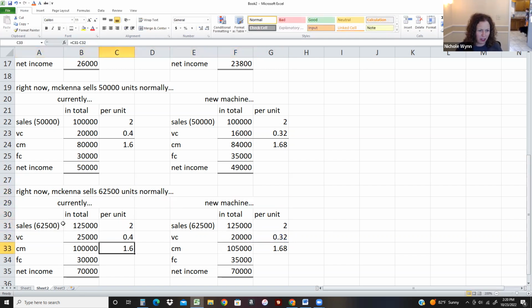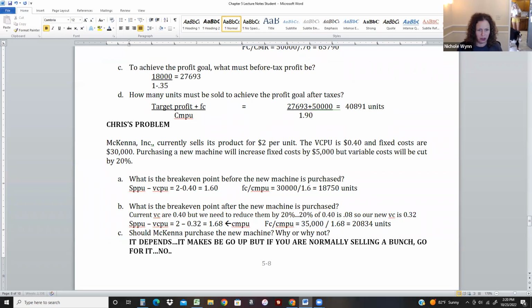So 62.5 is the number of units I would need to sell for it to become irrelevant. And so my guess is that the answer would probably be, no, don't do it. Go buy the new machine.